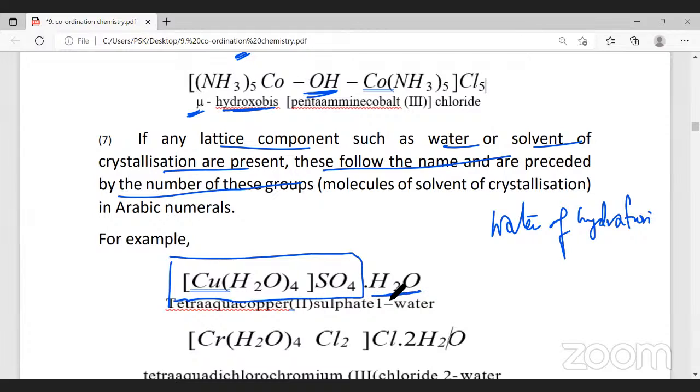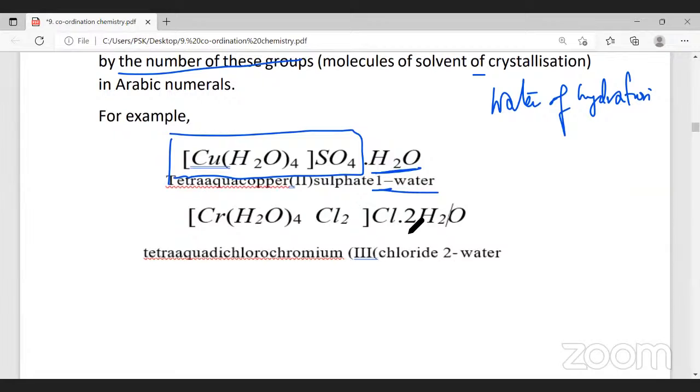It contains water outside the complex, also called molecules of solvent of crystallization. Now we have only one water molecule, so we write one water. Here in this complex, two water molecules are outside. Therefore, we write two water molecules.